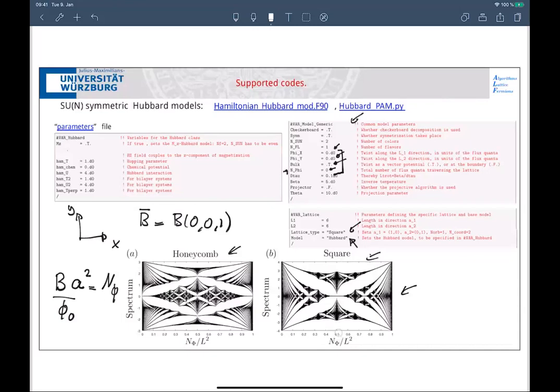That means exactly that n phi divided by L squared is equal to 1/2. So this can be done. These are general things, defined for all lattices. That's why it's in this section of the code, var lattice, var model generic. And then you have something specific for different models.